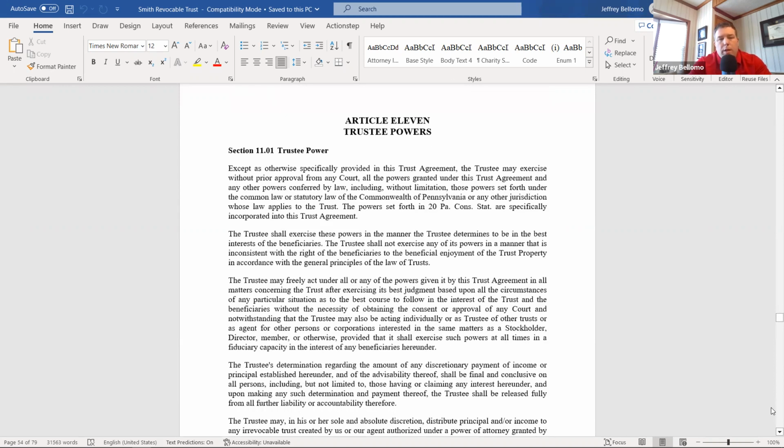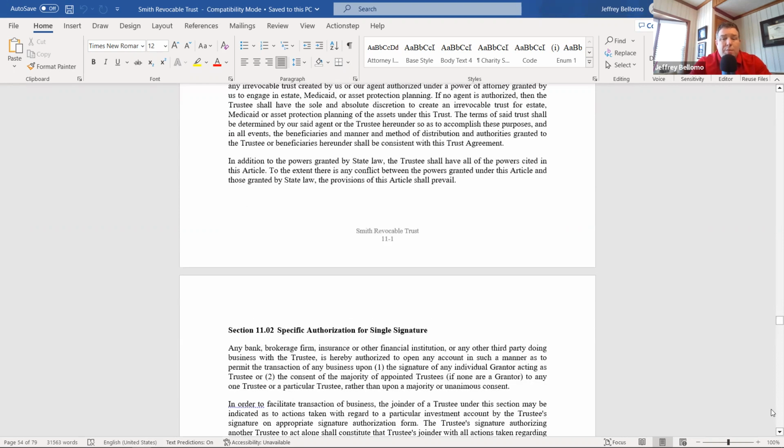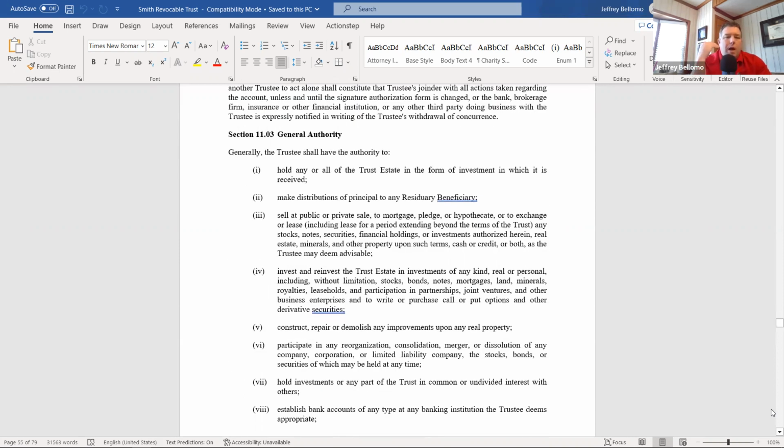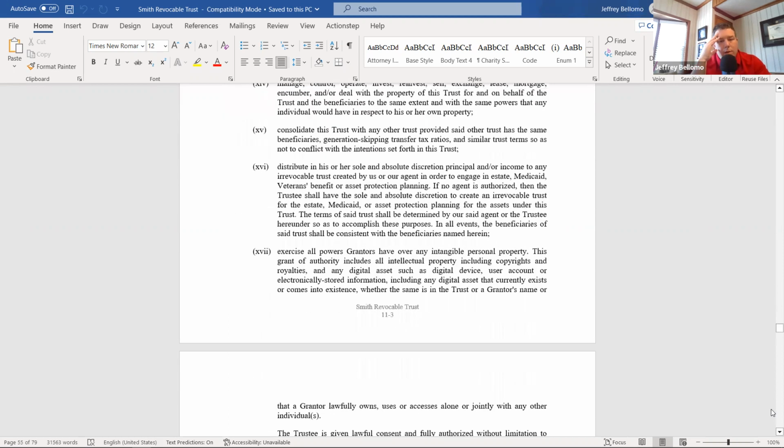Trustee powers. So just like the fiduciary with the power of attorney and also in the will, the executor, we have to list the powers that the trustee has specifically and give them the authority to sign. This section here is just paragraph after paragraph of everything they're allowed to do.